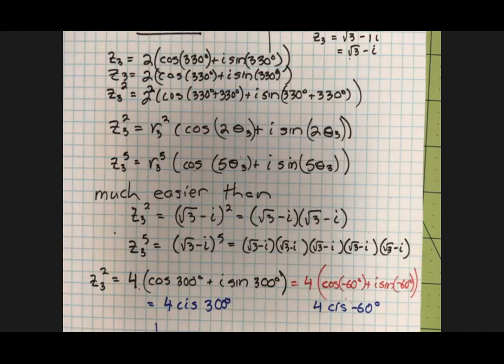Radius is 4. And remember, short side is half the hypotenuse, and long side is 2 root 3 times short side. So this point right here, z cubed squared, is 2 minus 2 root 3 i.